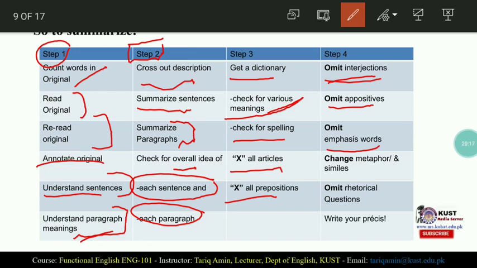You need not include emphatic words, which are words used for emphasis purposes, in your précis, and change metaphors and similes as well, and omit rhetorical questions. And the very last point is write your précis. After having done all the important steps, you can start writing your précis.